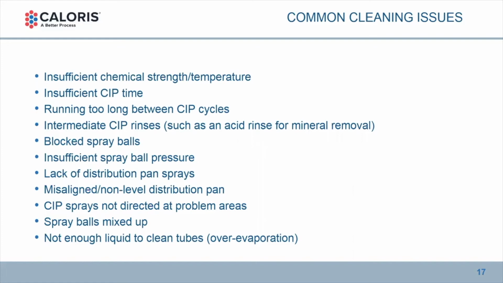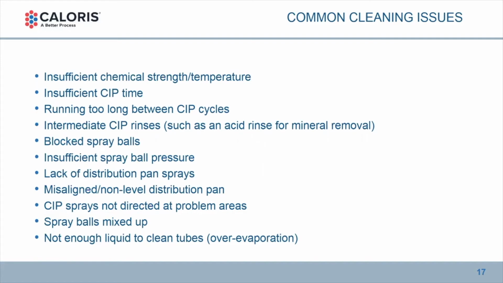At a certain point, you're not getting a thorough cleaning. Or running too long between cleaning cycles. Of course, you're under production pressures and you need to push product through that evaporator. But at a certain point, the longer you run, the more you foul, the longer it's going to take to CIP. And if you don't CIP it properly, you begin the next run behind the 8 ball and you just never catch up.